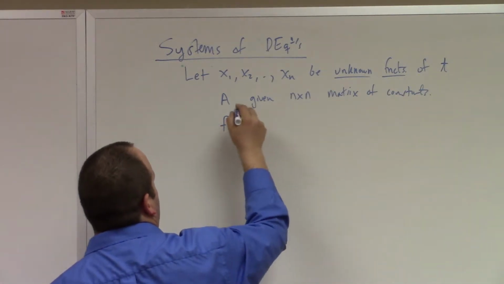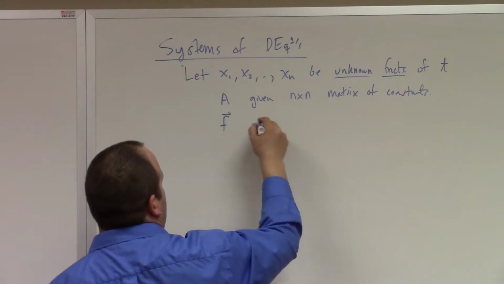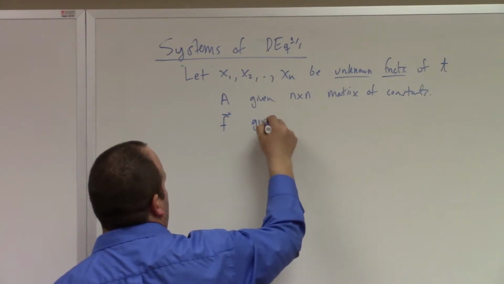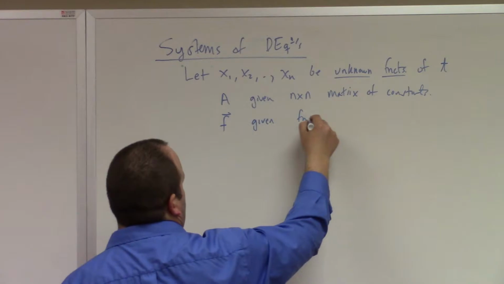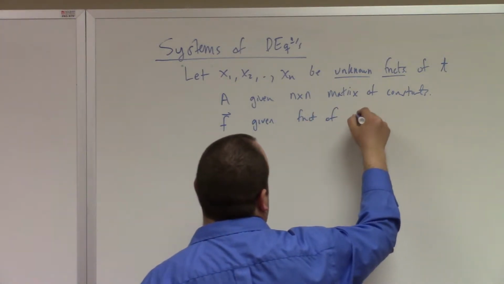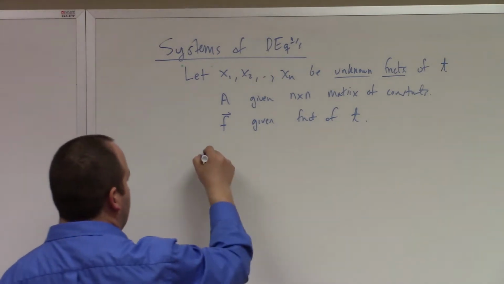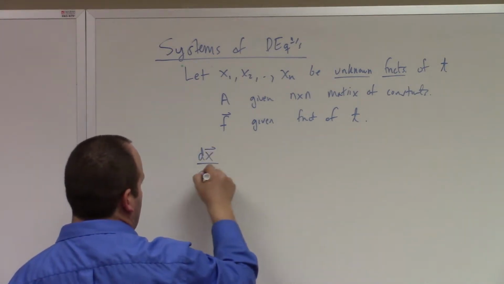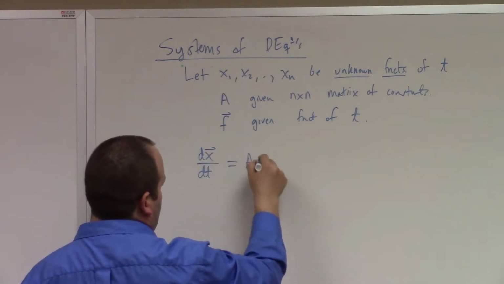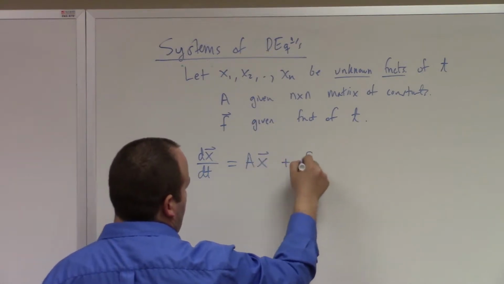And then F, I'll put a vector on it, is again a given function of t. So the generic problem we'd like to be able to solve is dx/dt equals Ax plus this force F.